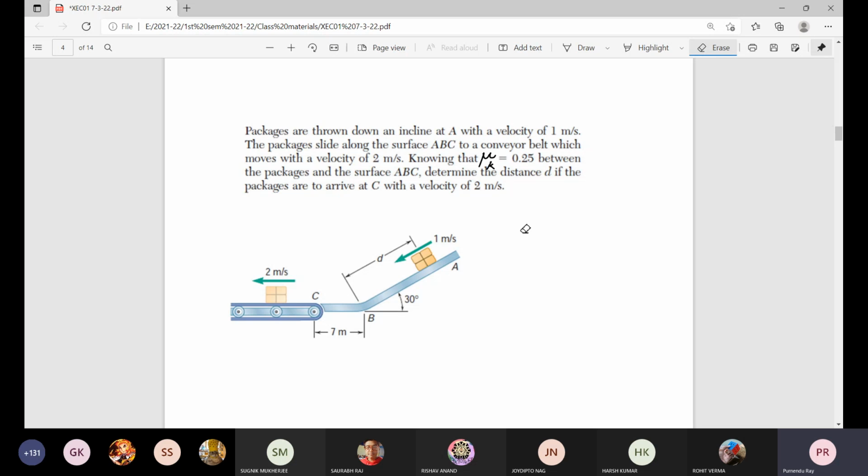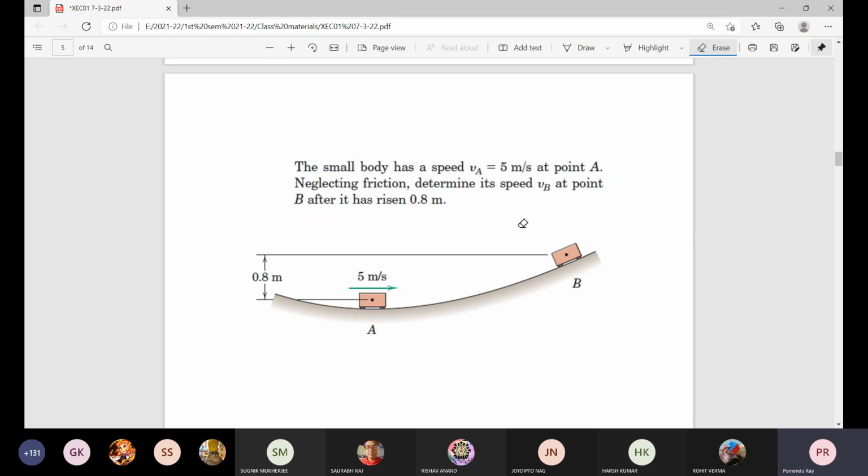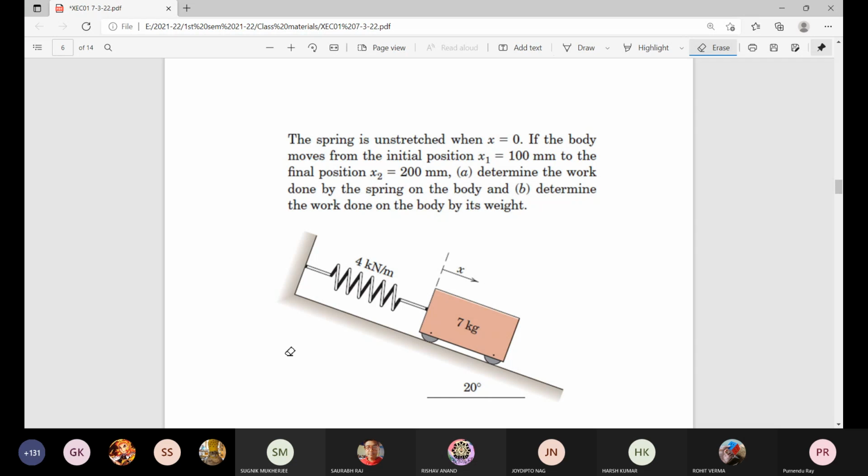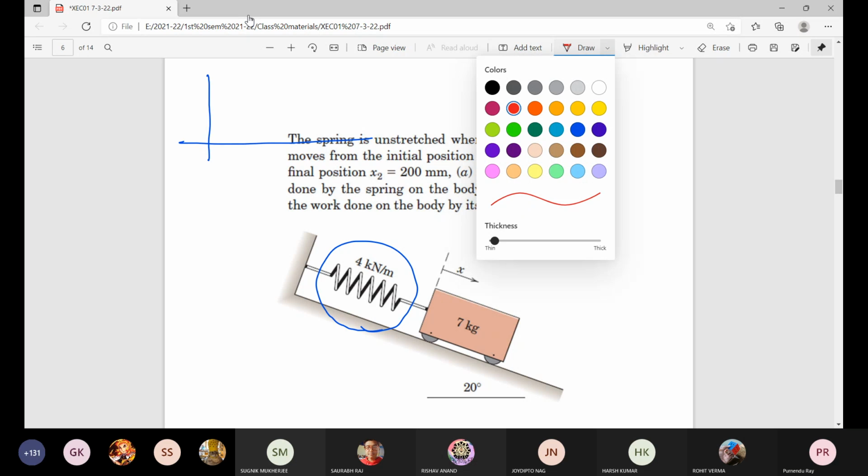Now, some other thing which includes this. Regarding this, we have discussed this kind of thing. Can you remember?